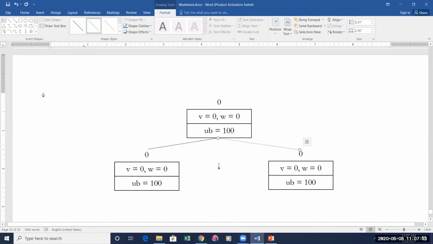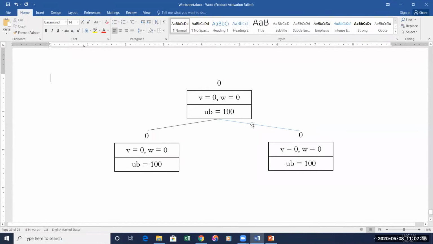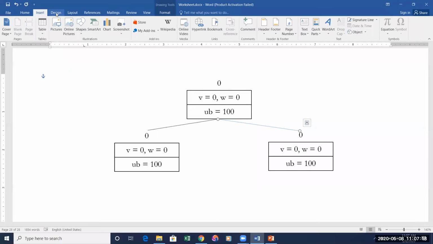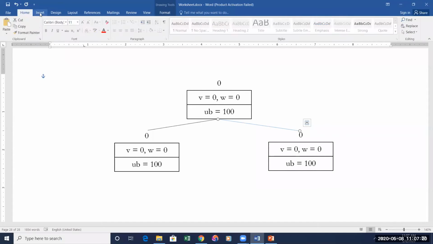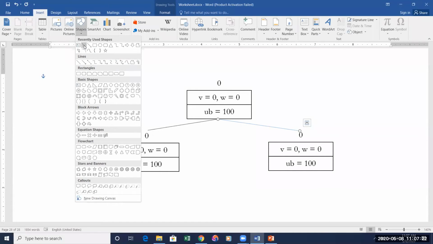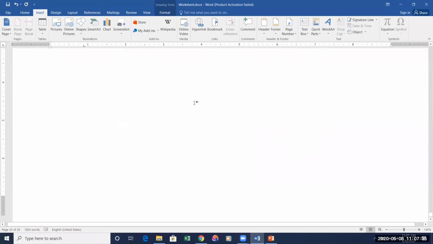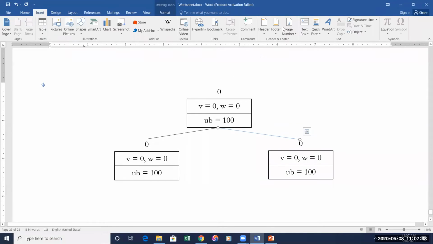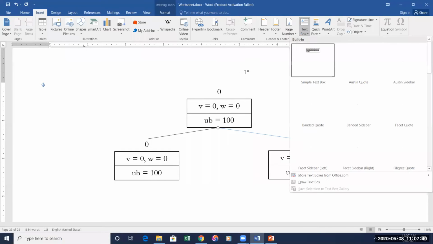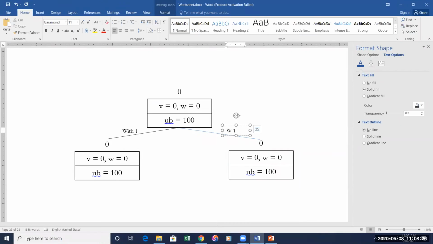So left and right child nodes are written. The left one is with and the right one is without. I think I'll add some labels for that so that you can understand with and without.